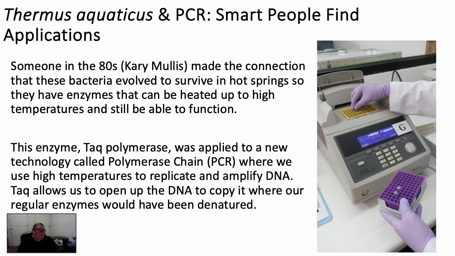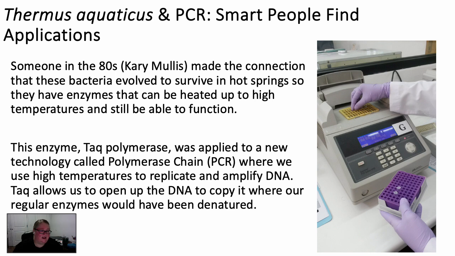Okay, this is when it was developed, and we started using it, when Kary Mullis made this connection in the 80s. In fact, without the discovery of Taq polymerase and using it for PCR, we wouldn't have had the Human Genome Project that started in the early 90s and went to the early 2000s, where we sequenced the genome of a human for the first time.